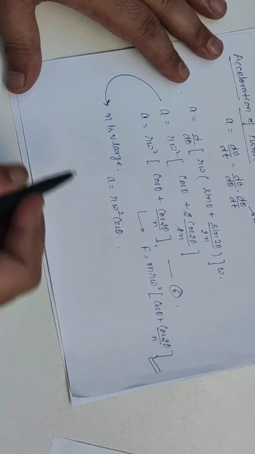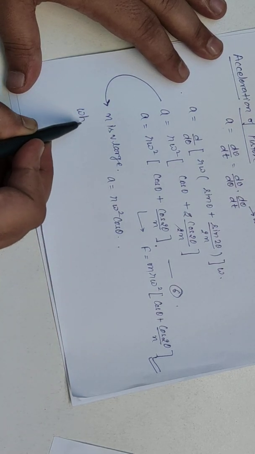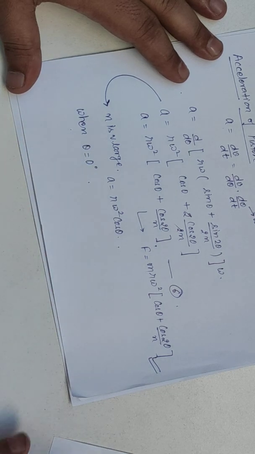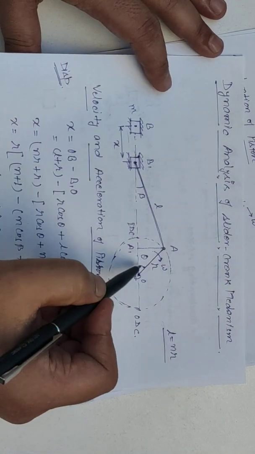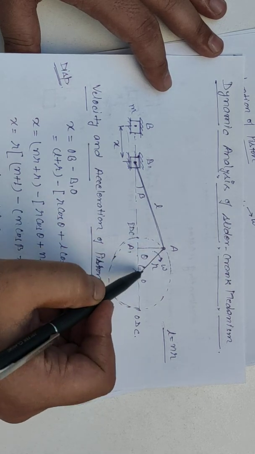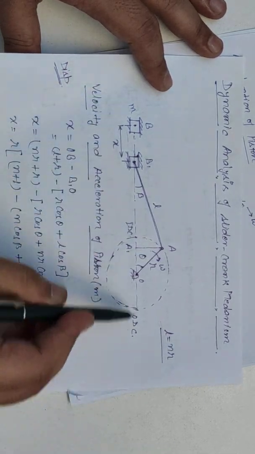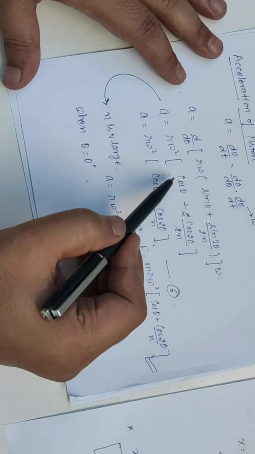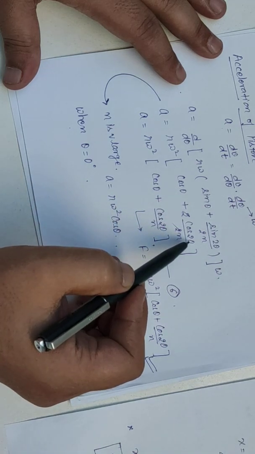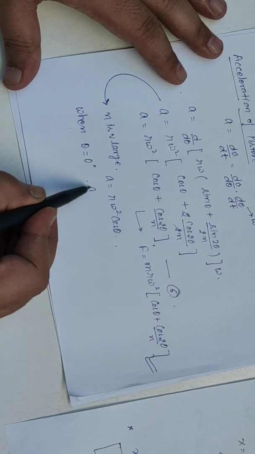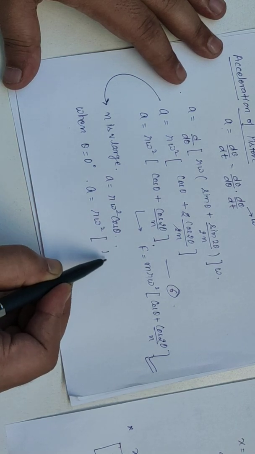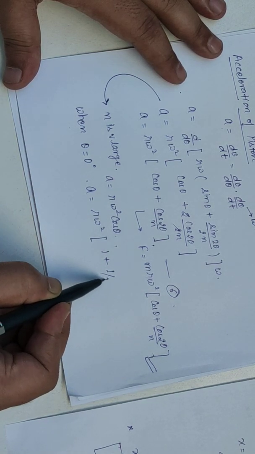These are certain conditions. Now we calculate the acceleration when theta is equal to 0 degree, that is when the crank is in the line of IDC and ODC. When theta is equal to 0 degree, cos 0 is 1 and cos 0 again 1, so acceleration is equal to r omega square (1 plus 1 by n).